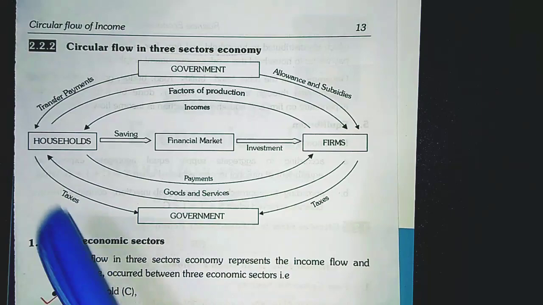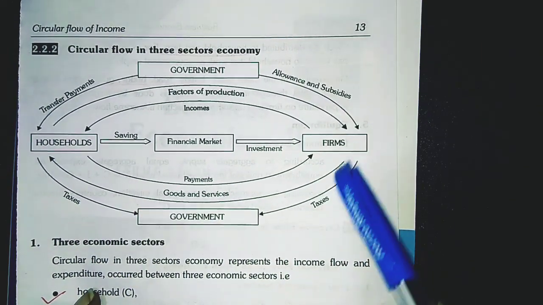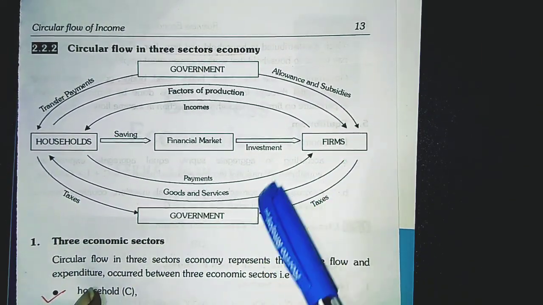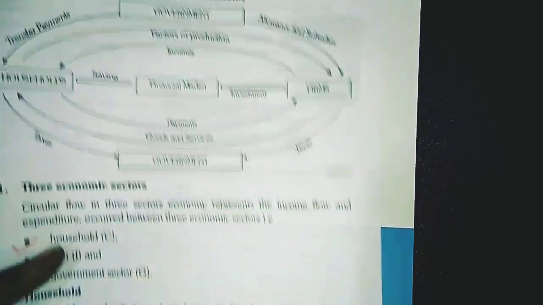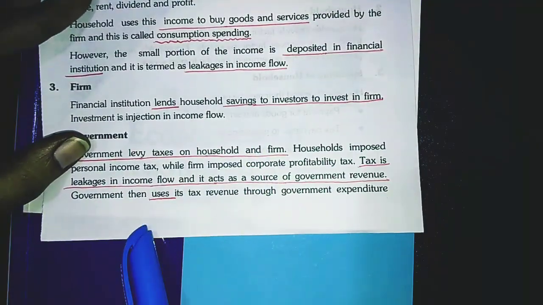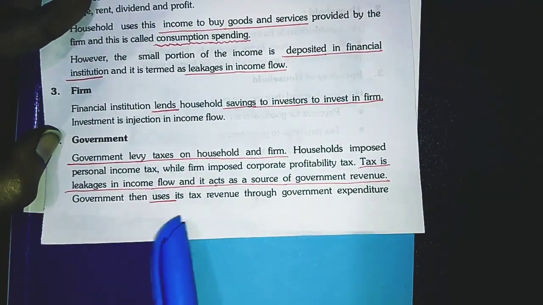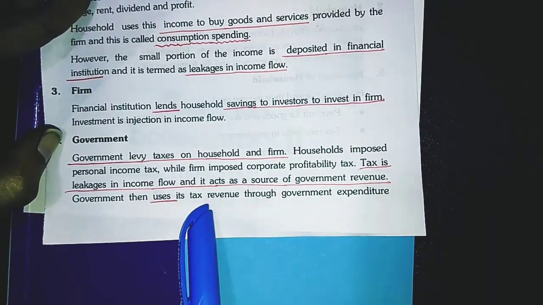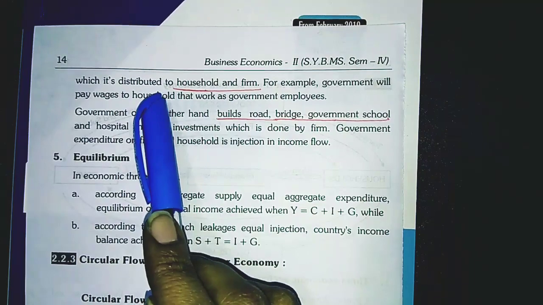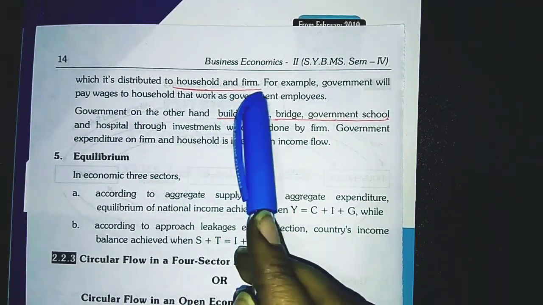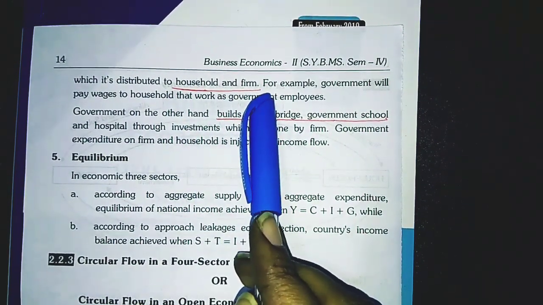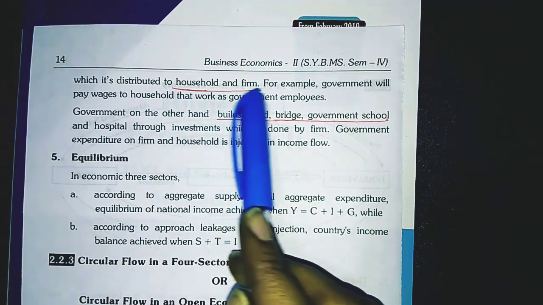That's why this diagram is showing the collection of taxes from both of them. Now what is this government doing with this money? Now government is using this money to distribute to the household and firm. They are distributing some of the amount to the household and firm.